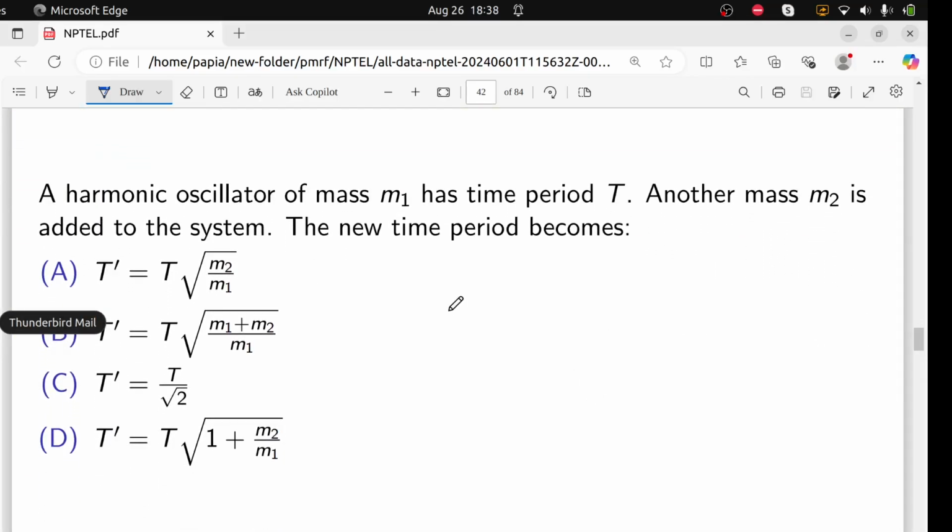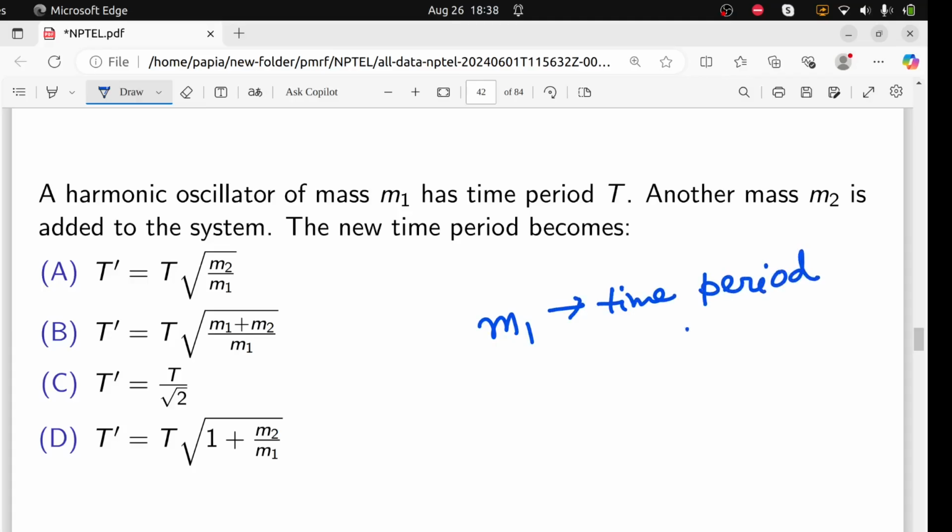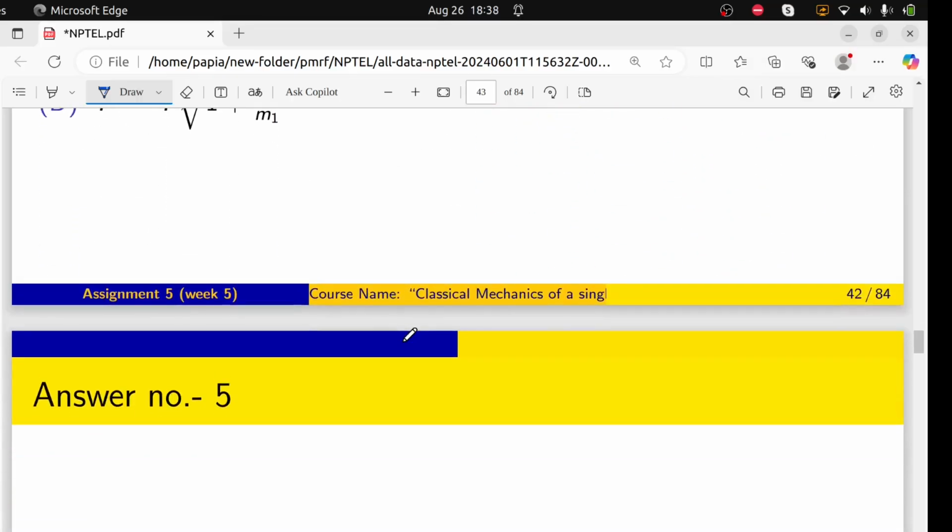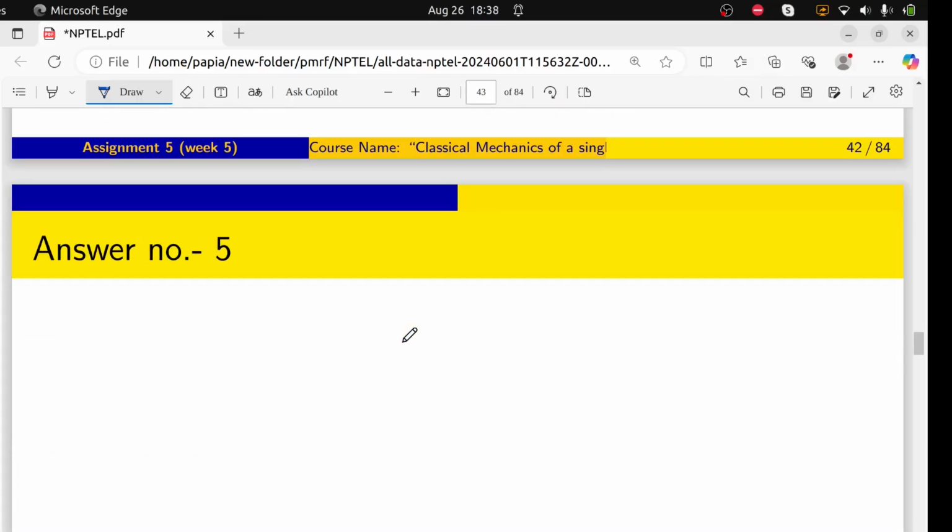Okay. Now coming to question number 5. A harmonic oscillator of mass m1 has time period T. Basically, our harmonic oscillator is like that.